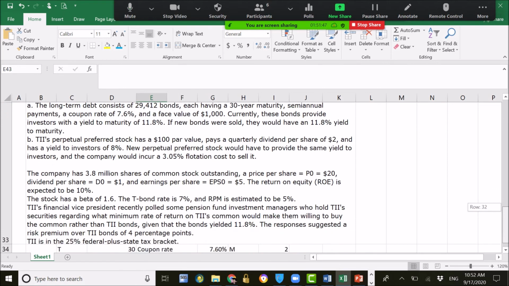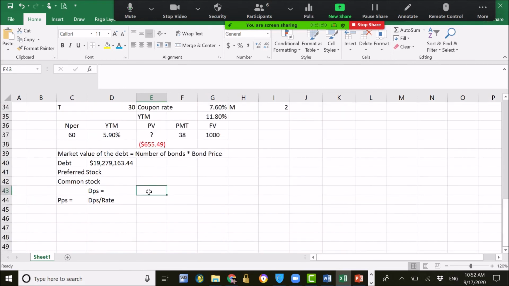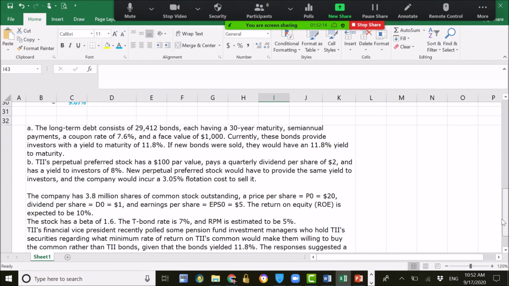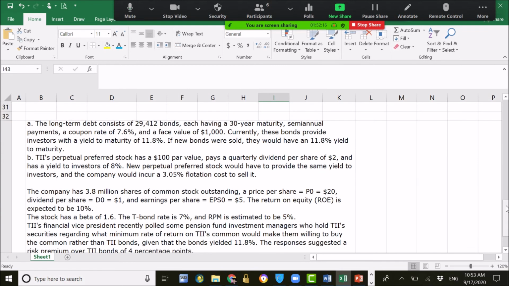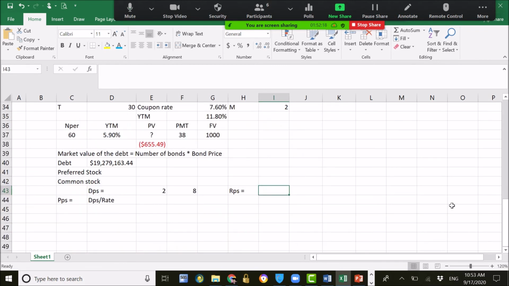All right, so that is $2, and we multiply that by 4, which gives $8 annually, and then the rate R_PS is how much in the question? It's 8%, right? 8%.